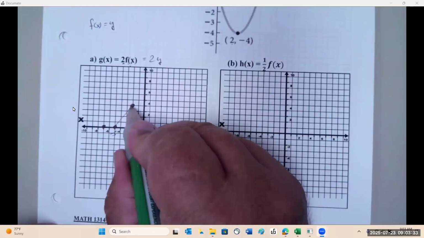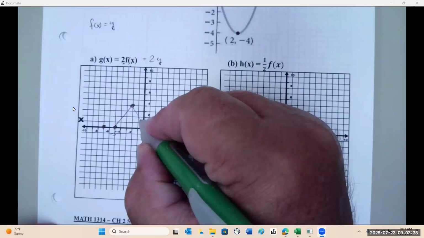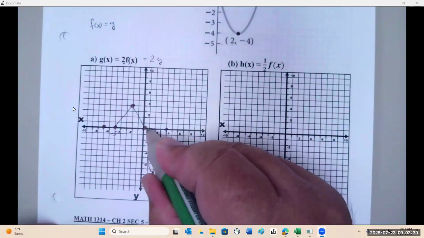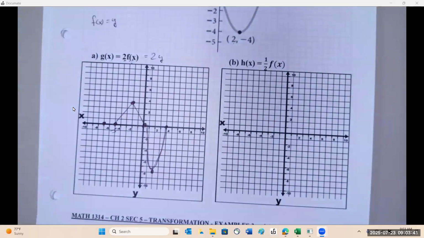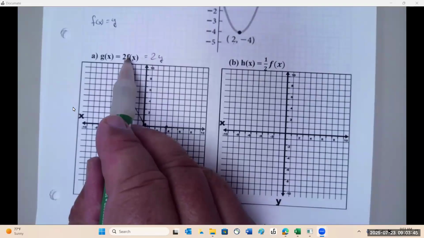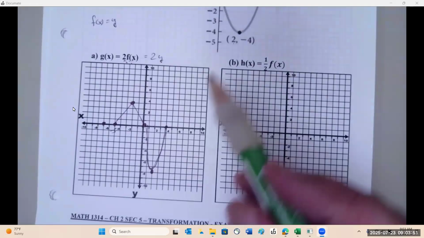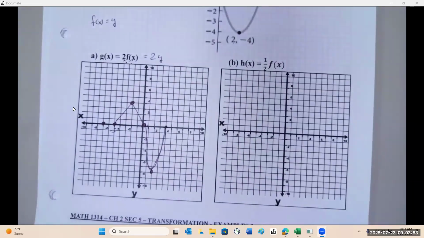So this one, because it's outside the function, is a vertical stretch. I took the graph and I stretched it.